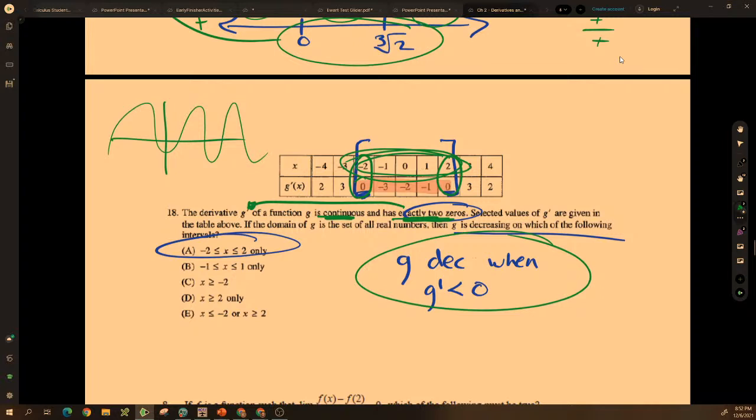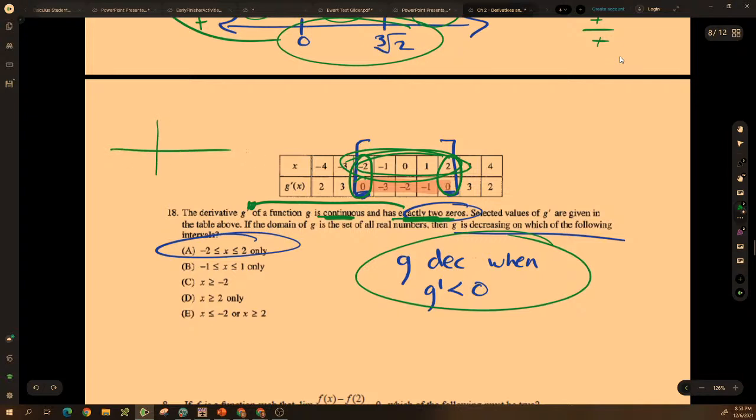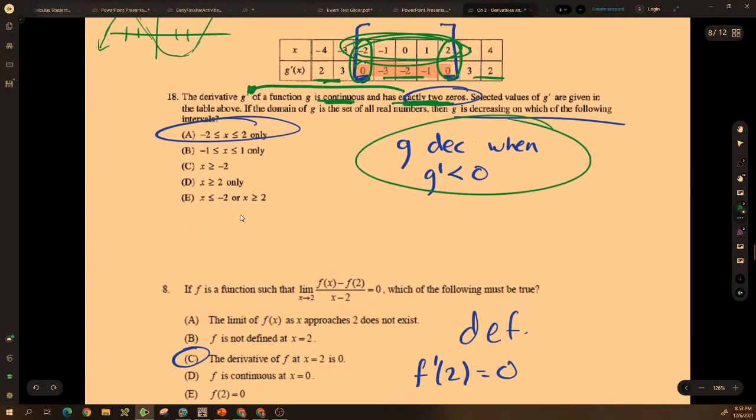But because they told us we had 2 zeros, then we know this graph is essentially increasing until we get to negative 2, then it decreases until we get to 2, then it increases again. Because my g primes are positive, then negative, then positive, and I don't have any other zeros for g prime, so I don't have any other critical points.